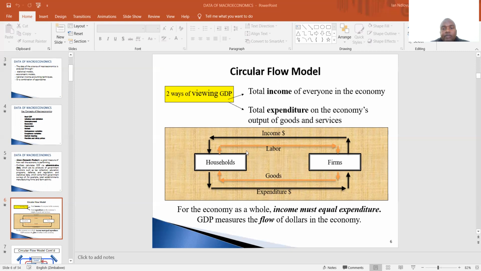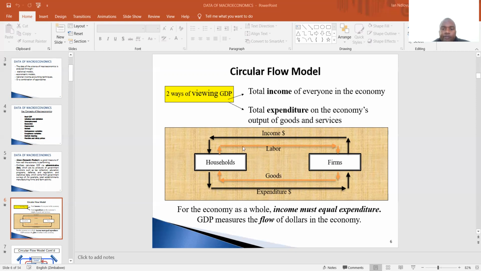And then in turn, households get from firms, the second sector in this simplified economy, income for the factors of production, which are wages, rent, interest, and profit. Wages for labor, rent for land, interest for capital, and profit for enterprise.